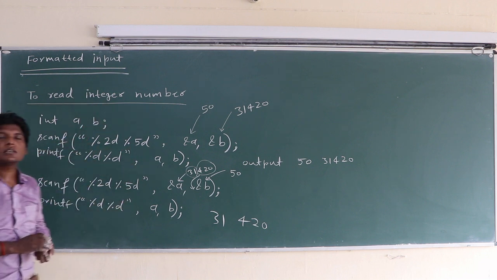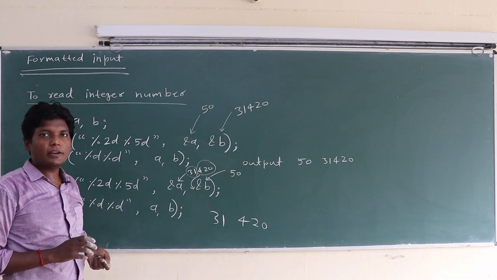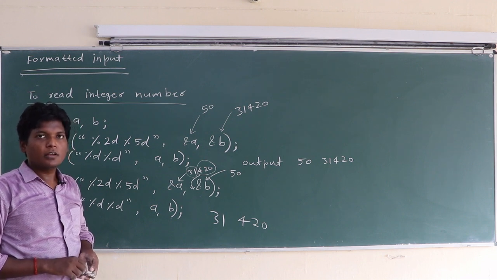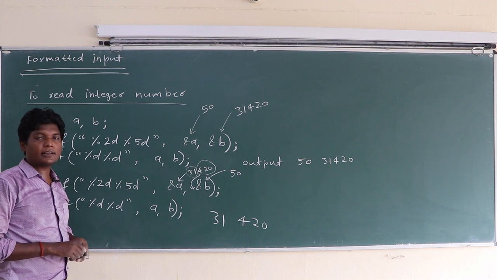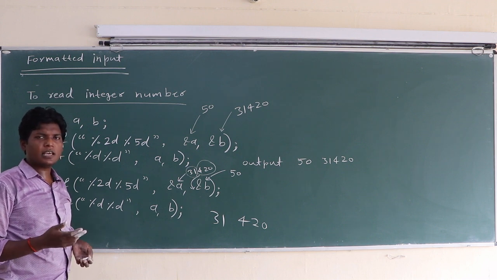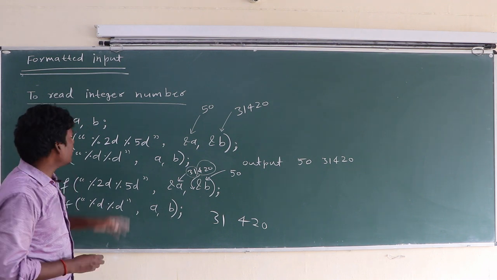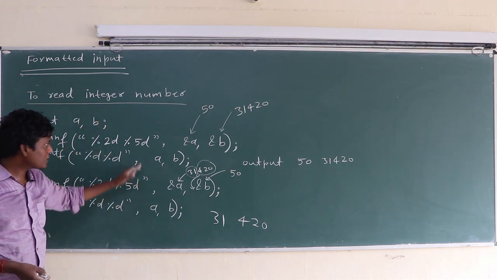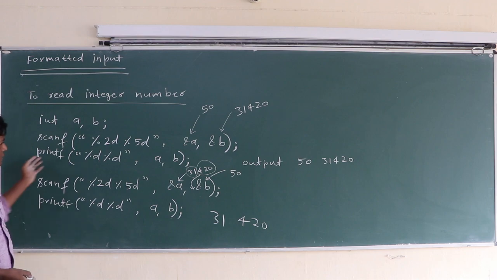There is no difference between formatted input for real number and character. It is the same as normal, but for integer number there is a difference, so that's why we have mentioned this.